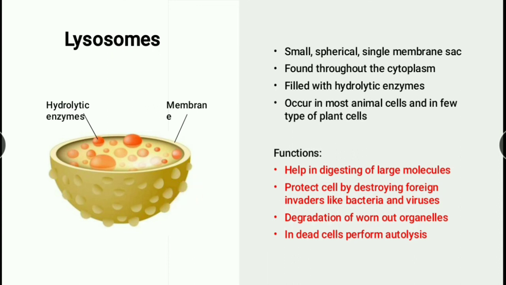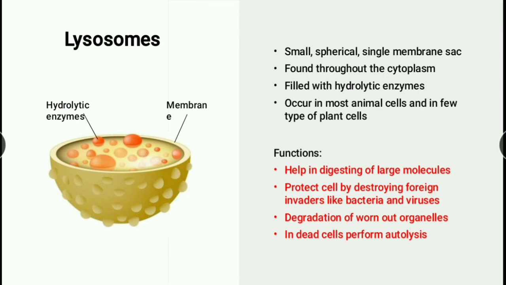This is called lysosomes. This lysosome is also called the suicide bag of the cell, because this lysosome can also kill the cell. If the cell wants to die, the lysosomes will release the chemical and the cell will die. Understood? What is the function? Help in digesting the large molecules. Protect the cell by destroying foreign invaders like bacteria and viruses.